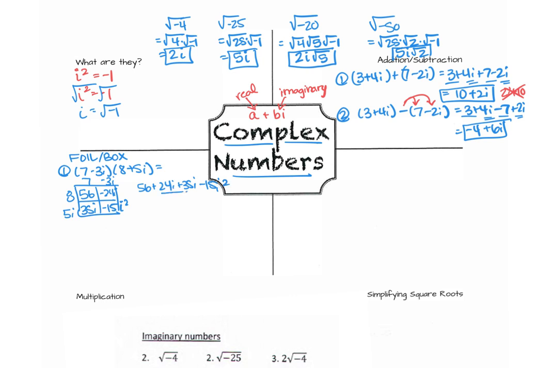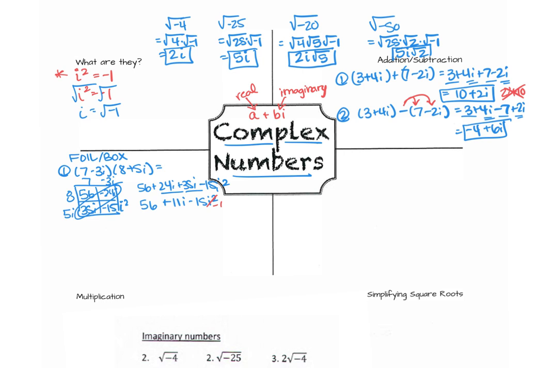So there are 2 things I have to do. First, combine my like terms. So I have 56 plus 11i minus 15i squared. Secondly, i squared, we learned up at the top, is equal to negative 1. So we're going to substitute that negative 1 in. We're never going to leave an i squared in my problem.